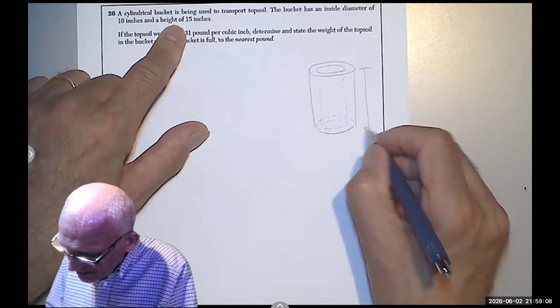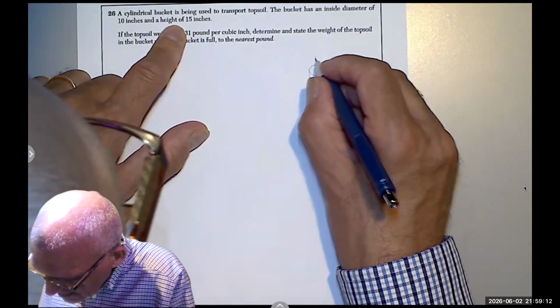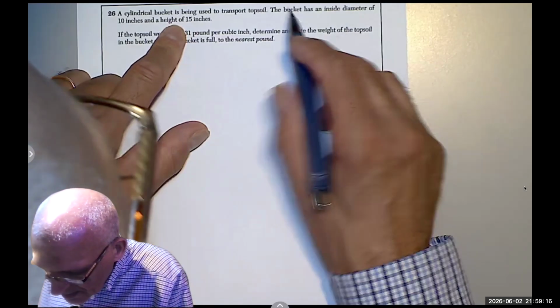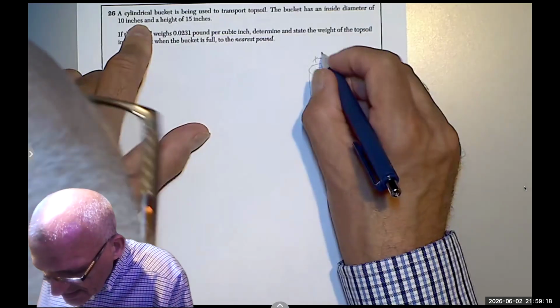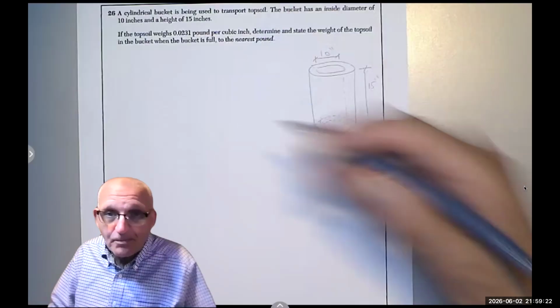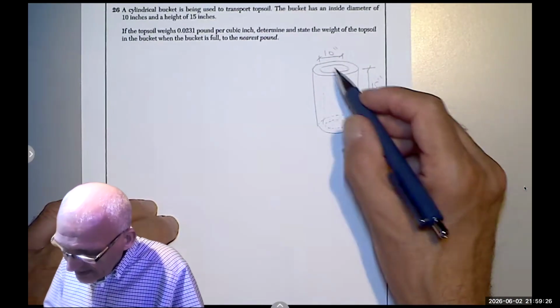Of course, it's not to scale at all. This is 15, and the inside diameter is 10 inches. We don't care about the outside because we are going to place topsoil. So really, what we need to do is find this volume.